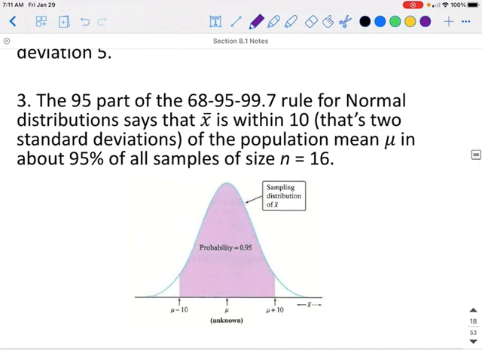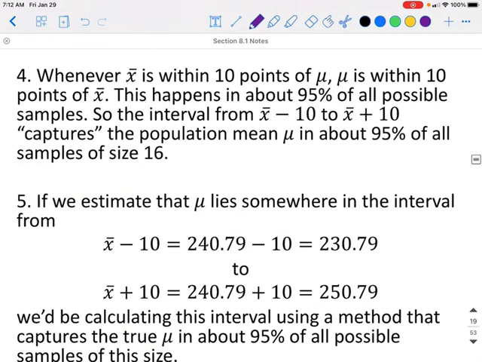So if we think back to our 68, 95, 99.7 rule, the 95 part of that rule says that x bar would be within 10 units, or within 2 standard deviations of the population mean. So if we have our mean, we know within 2 standard deviations, 95% of the data should fall within there.